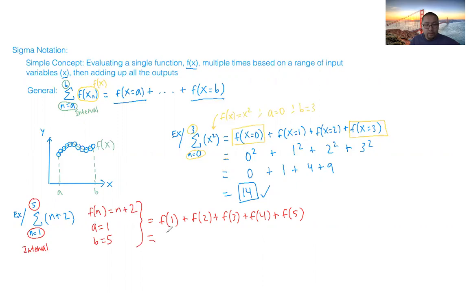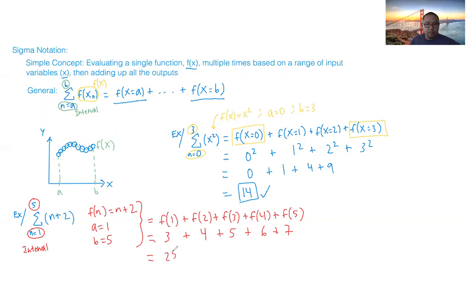1 plus 2 is 3. 2 plus 2 is 4. 3 plus 2 is 5. Plus 4 plus 2 is 6. 5 plus 2 is 7. And when you simplify further, this is 3, 7, 12, sorry, 7, 12, 18, 25.